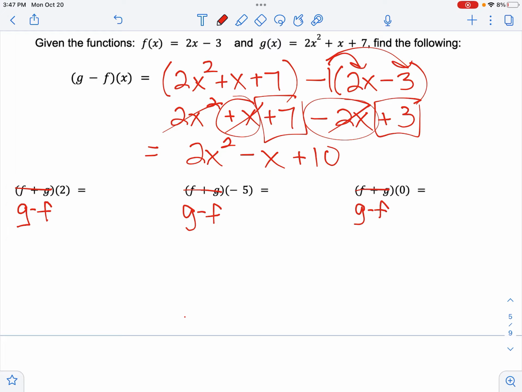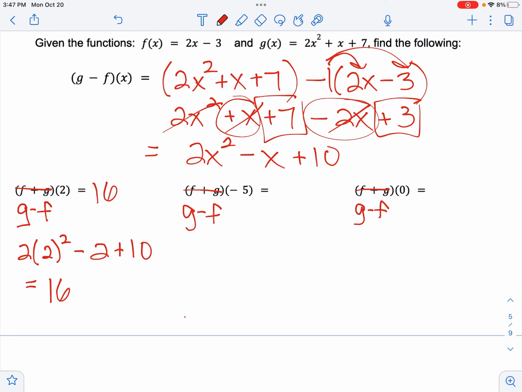Okay, so g minus f of 2 would be equal to just putting a 2 into this function here. Okay, so 4 times 2 is 8, minus 2 is 6, plus 10 is 16. So we get that.